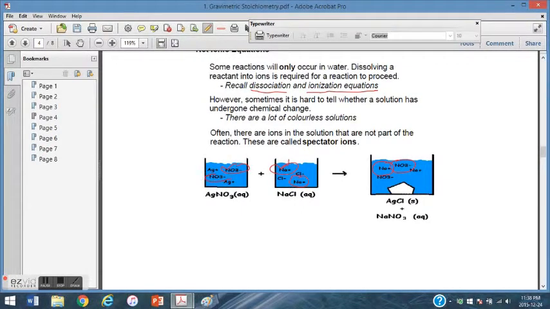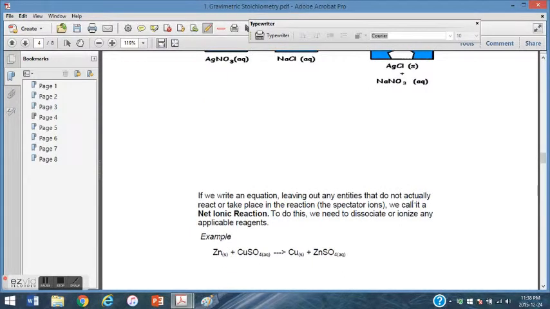And nitrate floating around over here. It's still floating around. It's doing nothing. It's just sitting there, sort of like my cursor here. What we've got is a spectator, actually two spectators. We have sodium ions and we have nitrate ions. They're just there watching. They're called spectator ions.